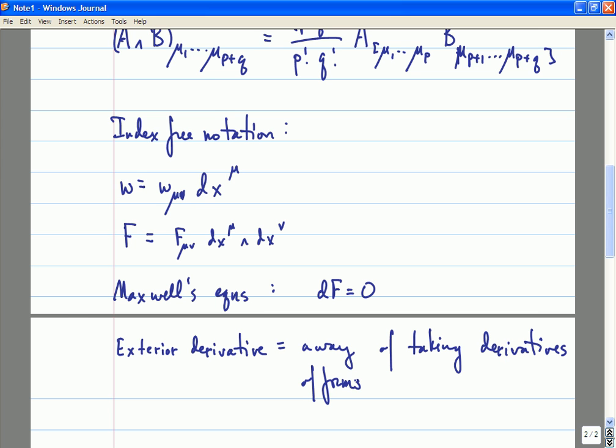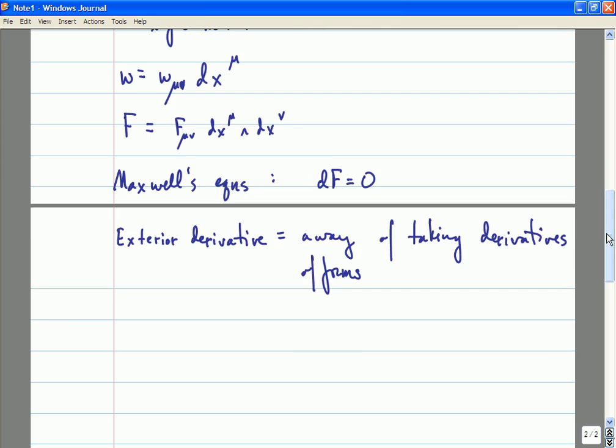So the exterior derivative of a p form is a p plus 1 form. So if A is a p form, then the exterior derivative of it is usually denoted dA. It's a p plus 1 form.